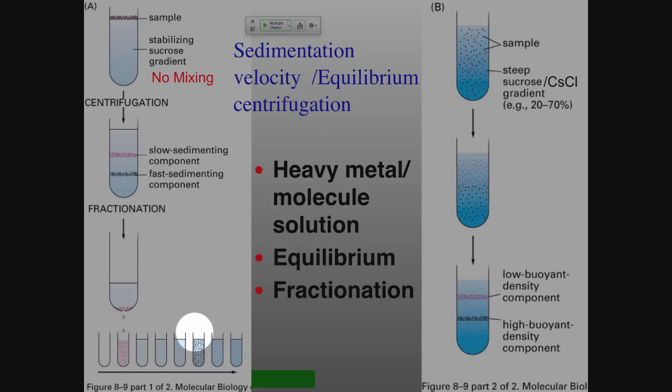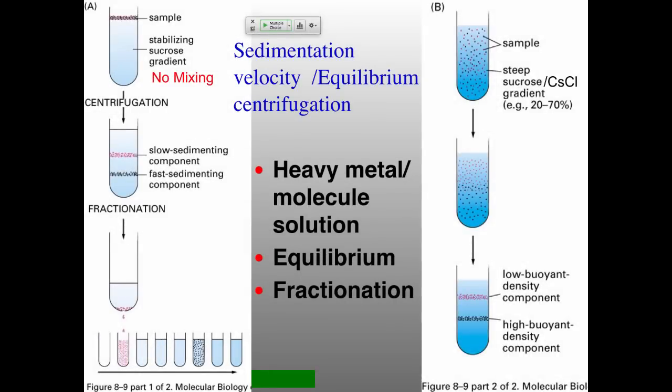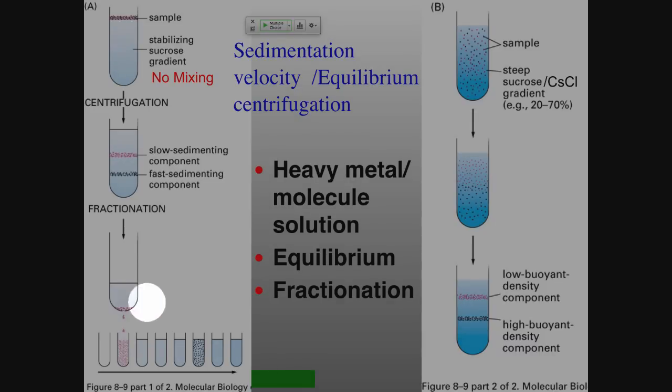and slow sedimenting components, which are the big ones. After a certain period of time, you stop your centrifuge, you make a little hole in the bottom of your centrifuge tube, and start to collect drops. The first drops are going to be the ones over here. So this is going to be the bottom of your tube. The next drops are here. The next drops are here, which is where you have your fast sedimenting component.